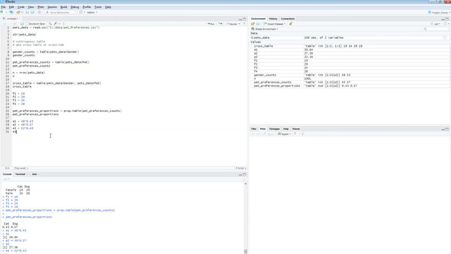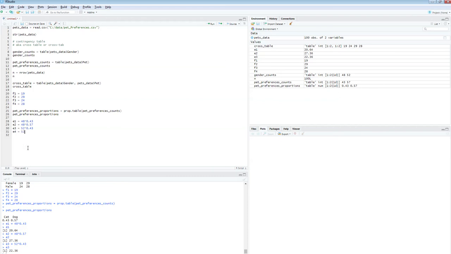So E3 says if null was perfectly true, then out of 52 males, 22.36 would prefer cats, while in actuality my count was 24, right? So this is the expected frequency if null was true. This is the actual frequency. And the last one, expected frequency number 4, would be what we expect to see in the male portion of the sample if null was true with respect to liking dogs, right?